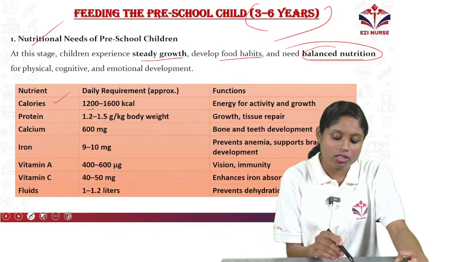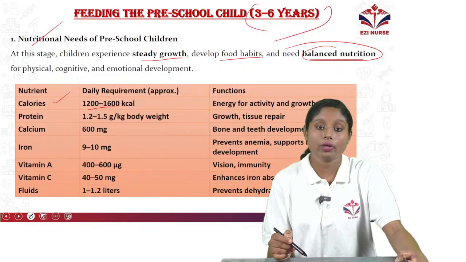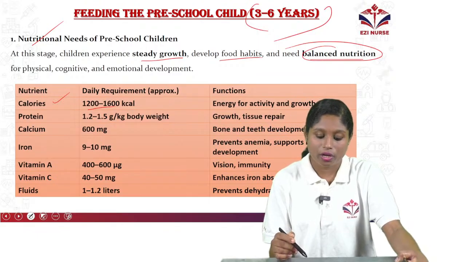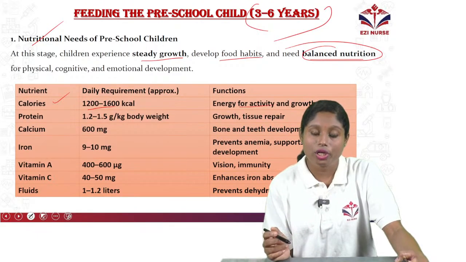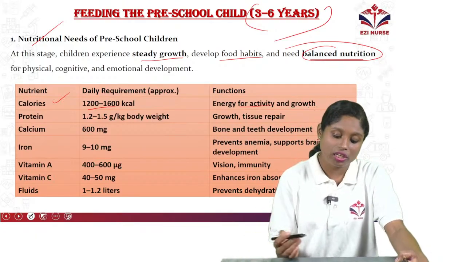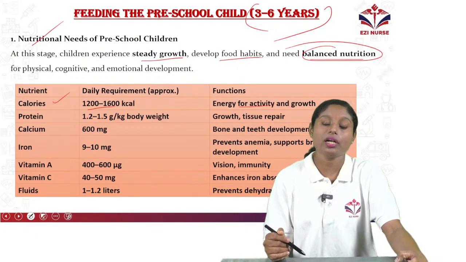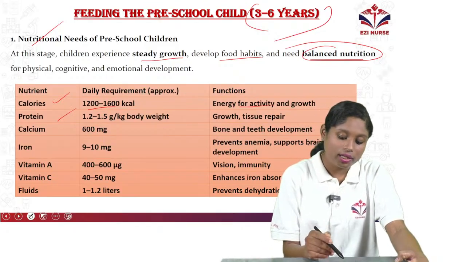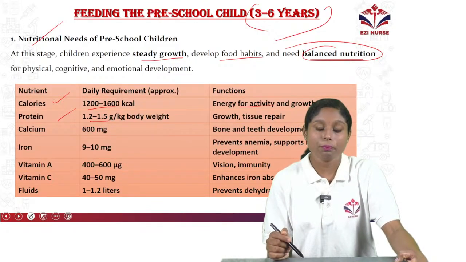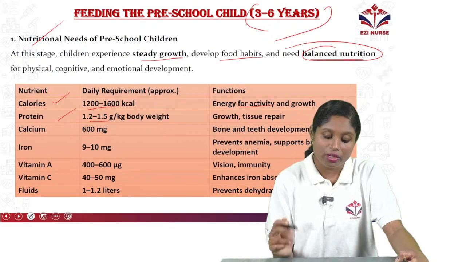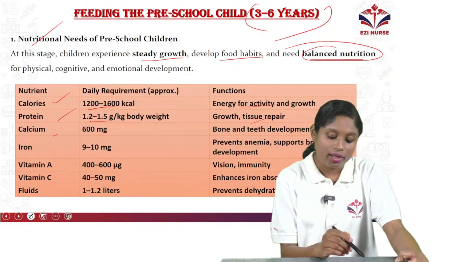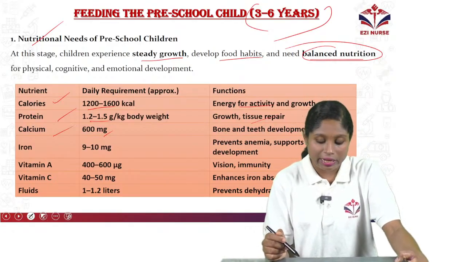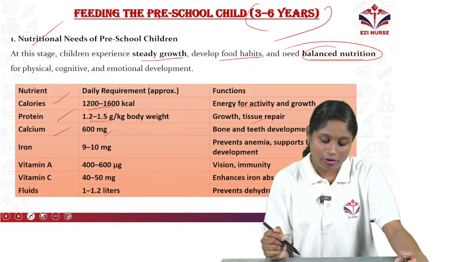They need calories, 1200 to 1600 kilocalories, so that they have energy for activity and active body growth. Protein, 1.2 to 1.5 gram per kg of body weight, for growth and tissue repair. Calcium, 600 milligram, for bone and teeth development.